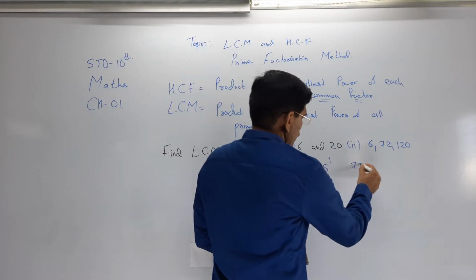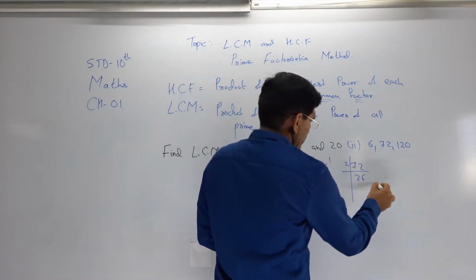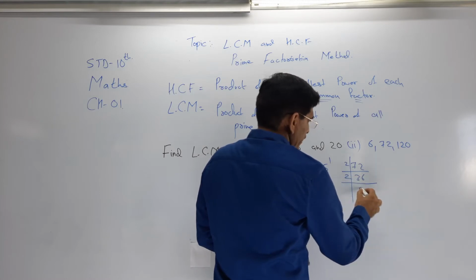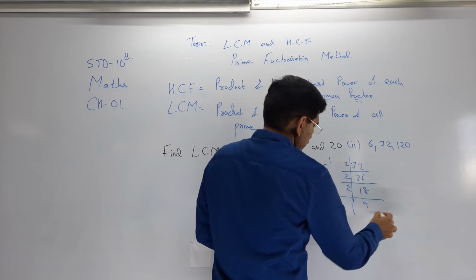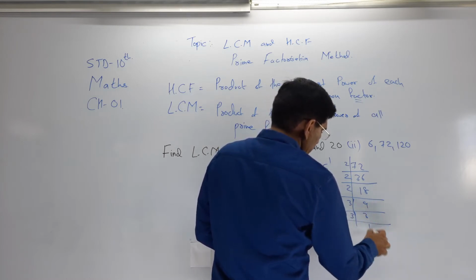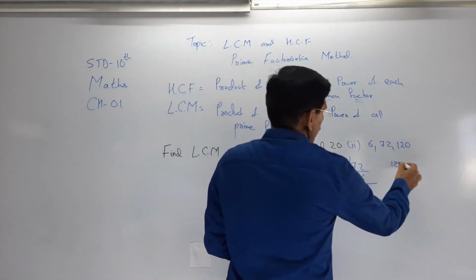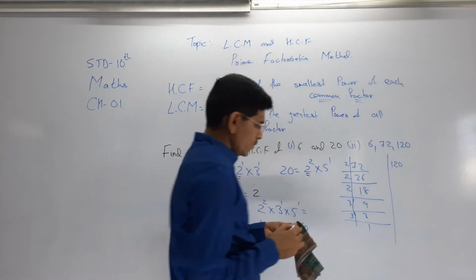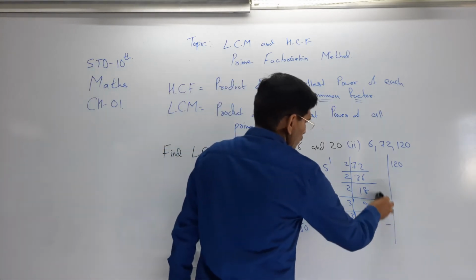That is, 72 we divide by 2, we get 36, again 2, 18, again 2, 9, again 3, 3, again 3, 1. The same thing we can do for 120 also.